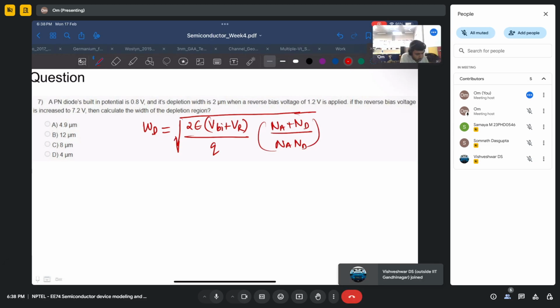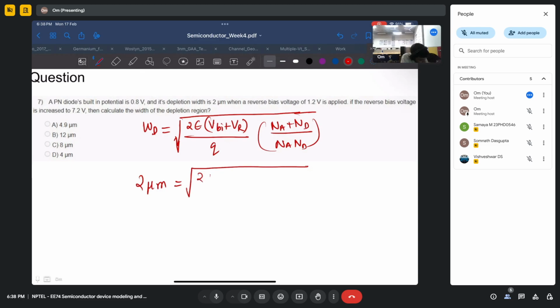The depletion width under the influence of reverse bias voltage VR. So we are given that 2 micrometer is equal to 2 epsilon by Q, VBI is 0.8 and VR is 1.2, into Na plus Nd upon NaNd.